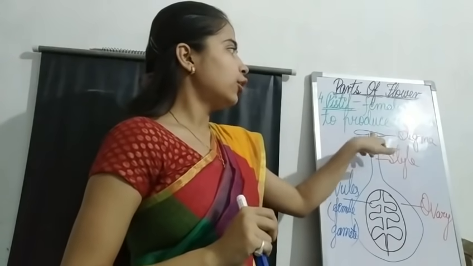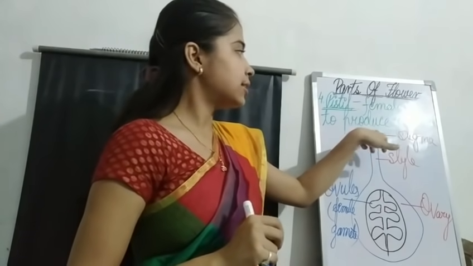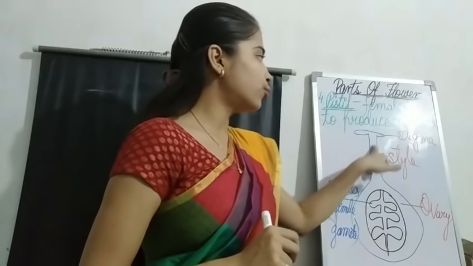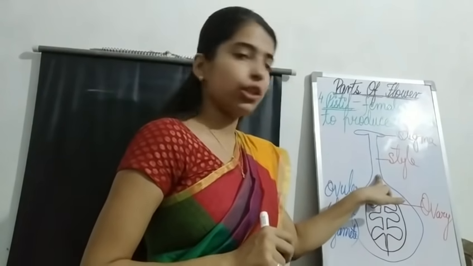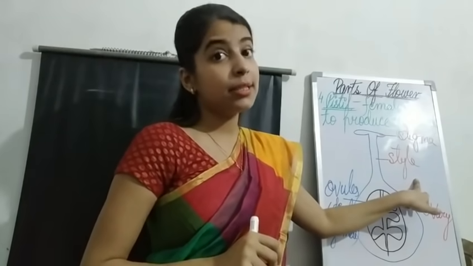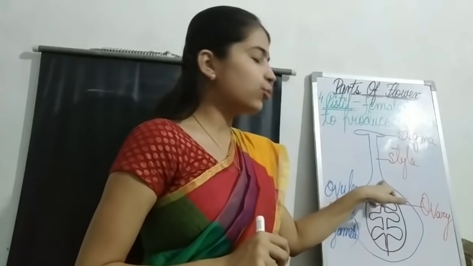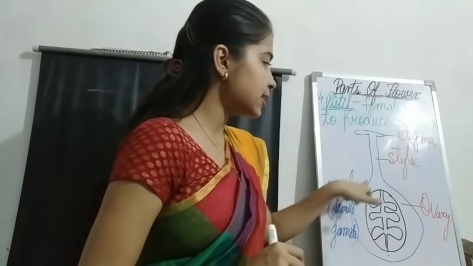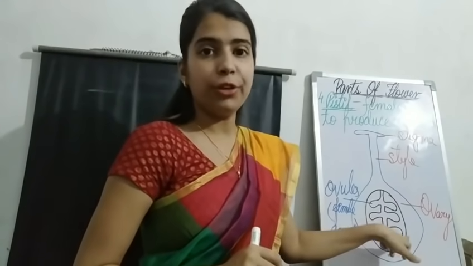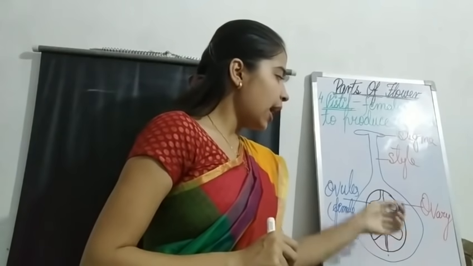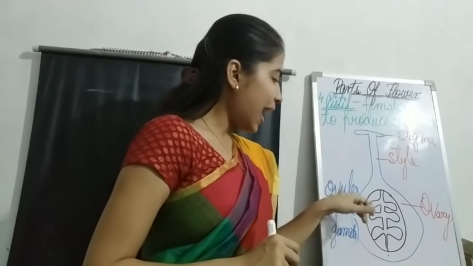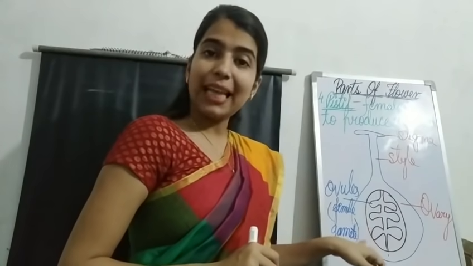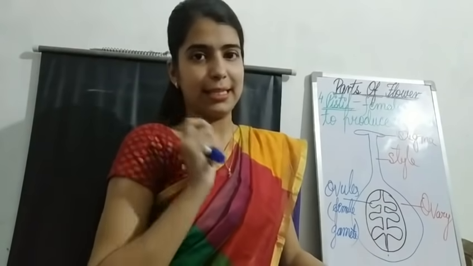The top portion that you see, the sticky portion, is called the stigma. As you move down, you get a tube-like structure, and that is called your style. Further down, you get a swollen portion like this, and this is called your ovary. Inside the ovary are your ovules, and these ovules produce the female gamete or the female cells.